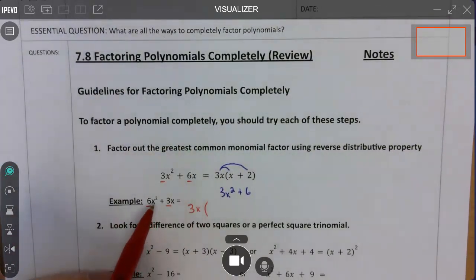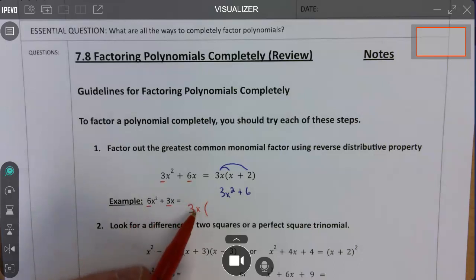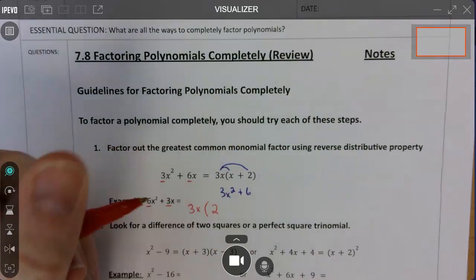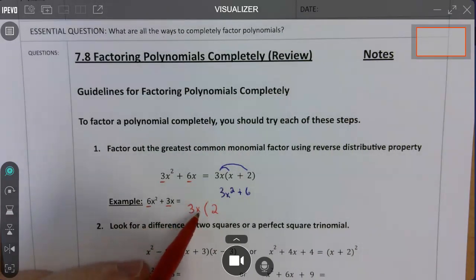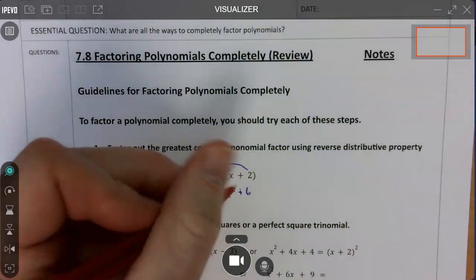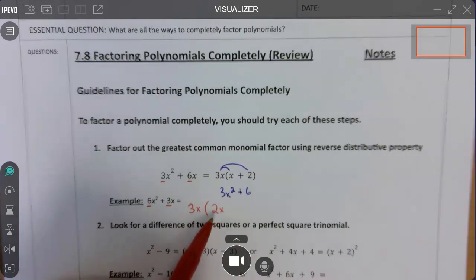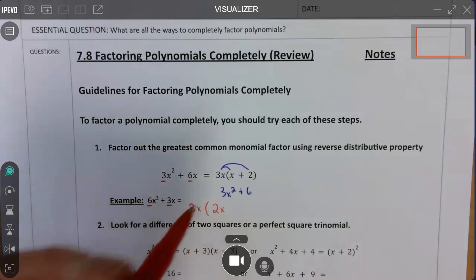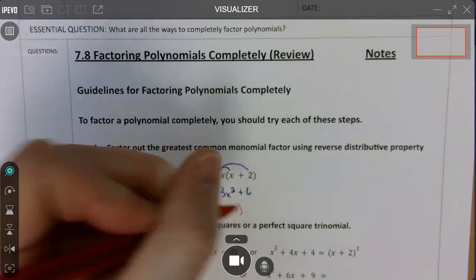Now, what times 3x would give you 6x squared? Another way to look at it is, what is 6x squared divided by 3x? Well, 6 divided by 3 is 2, and if I already took an x out of the x squared, I still have an x remaining. And if I have a 3x here, and I already factored out the entire 3x, I still have to have a factor of 1.